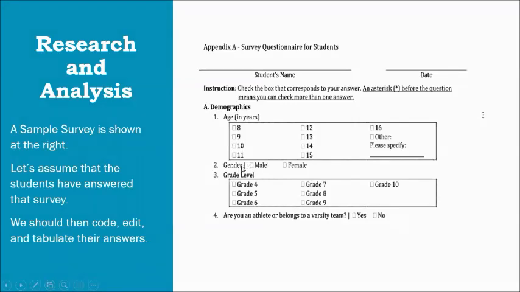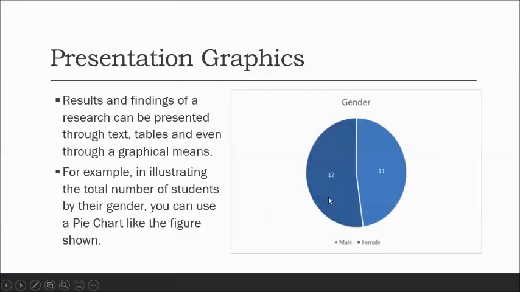So, paano mo siya i-present sa isang chart? Yan. So, ibig sabihin, 11 yung male, 12 yung female. So, dito pa lang masasabi natin na based doon sa survey, 11 yung lalaki, 12 yung babae na respondents. Okay? So, dito pa lang malalaman mo kaagad.